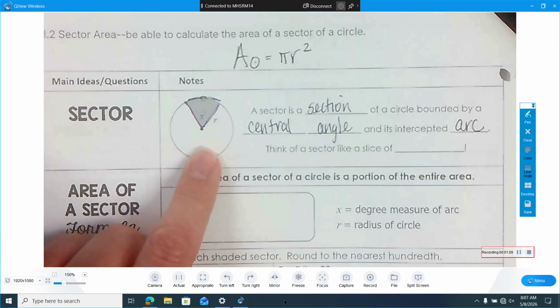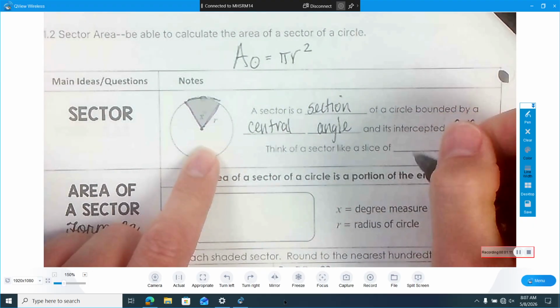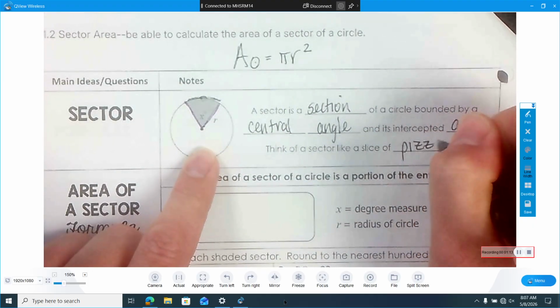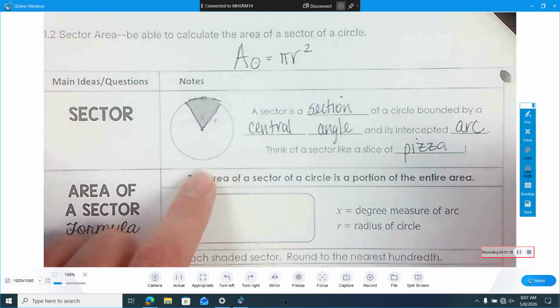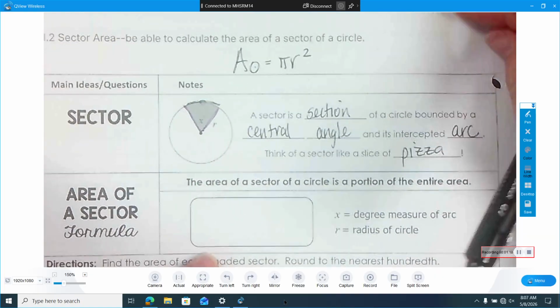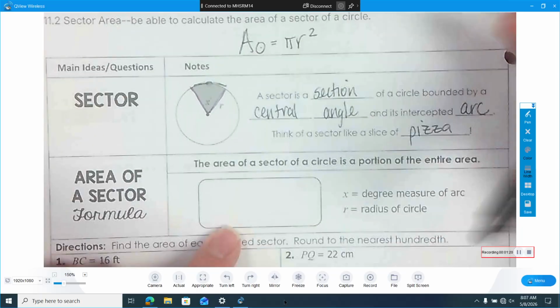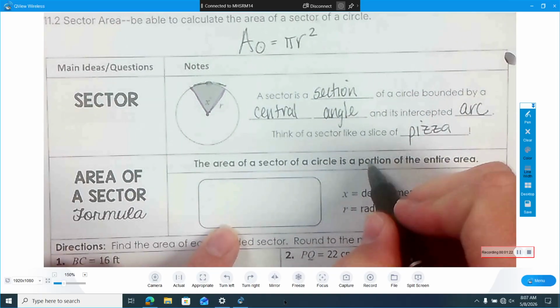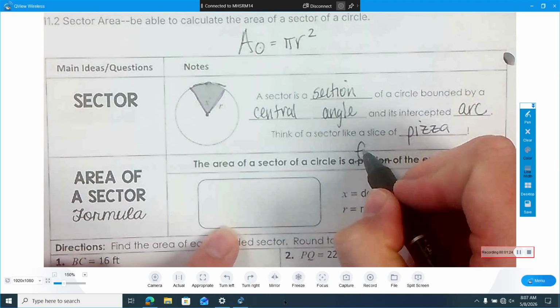Think of a sector like a slice of pizza.